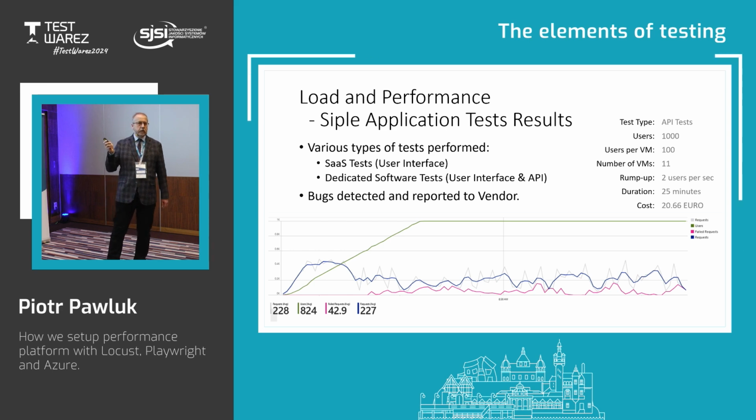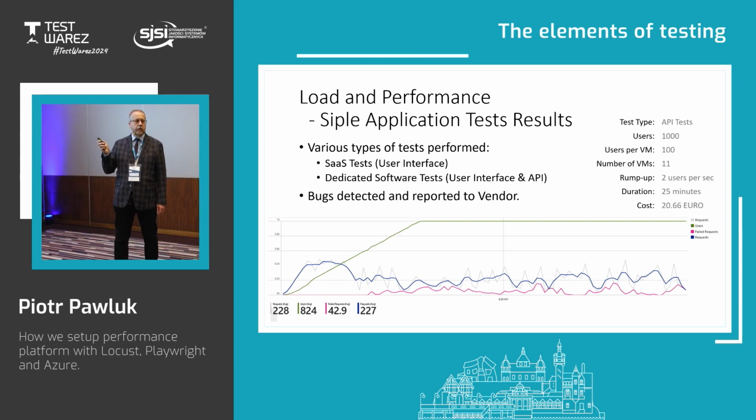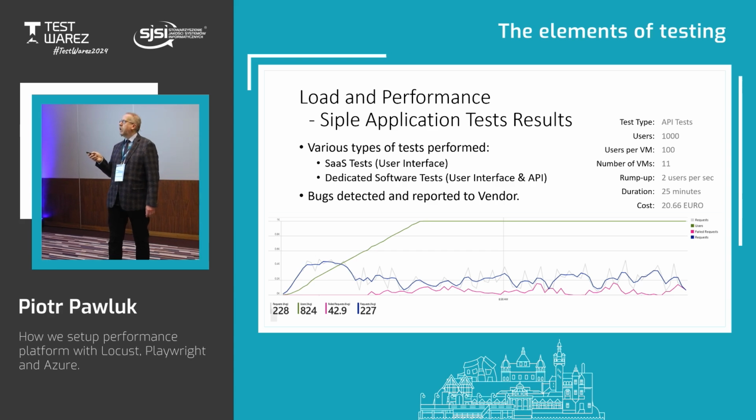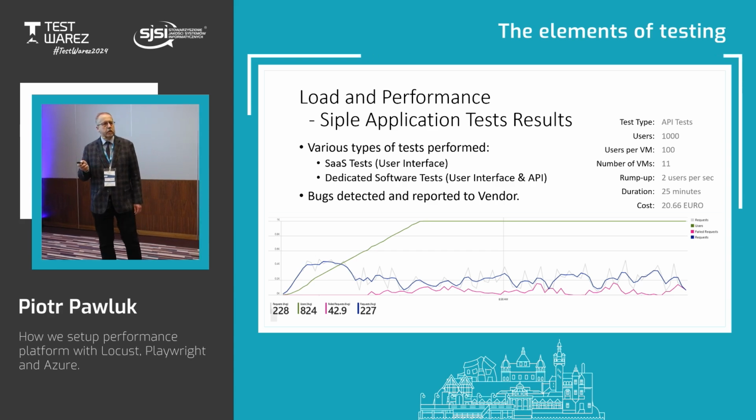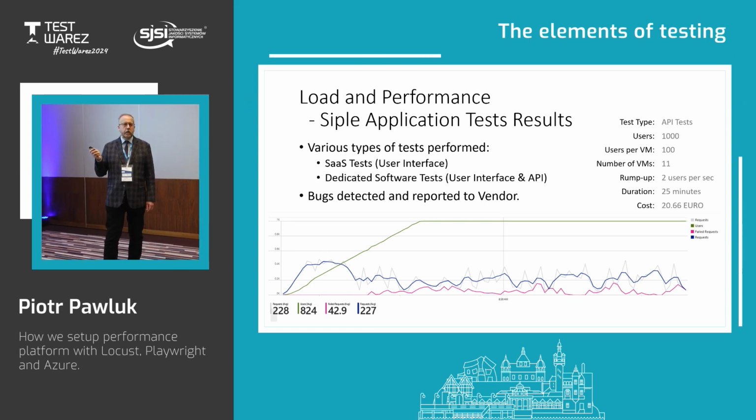So in this test we had 11 machines: one machine for the master and 10 for workers. All tests took 25 minutes plus starting the machines, and this was the cost of the machines. What was the sizing of the machine? I don't remember. Just one processor, because anyway you need to run one process, but quite enough memory.